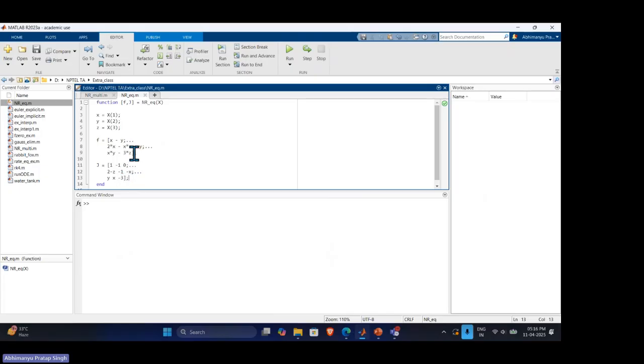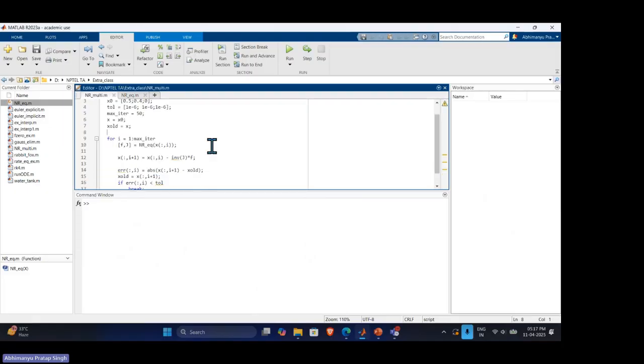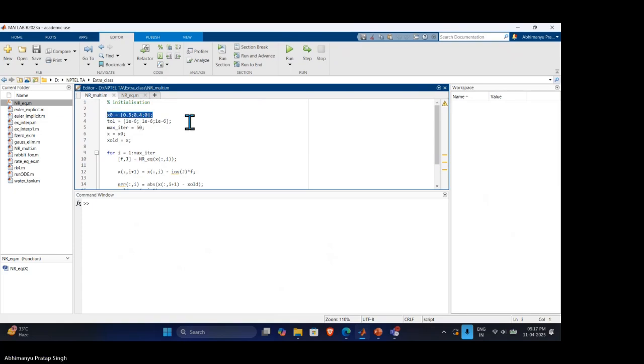Okay. The function basically takes as input a vector of 3 cross 1 numbers, and it calculates the function value, f value, and the Jacobian at that given capital X, and it outputs that to this Newton-Raphson method. So we just need to give an initial guess for the function.